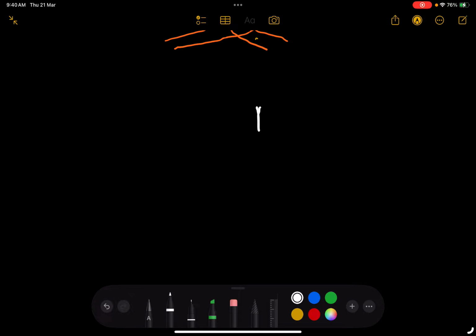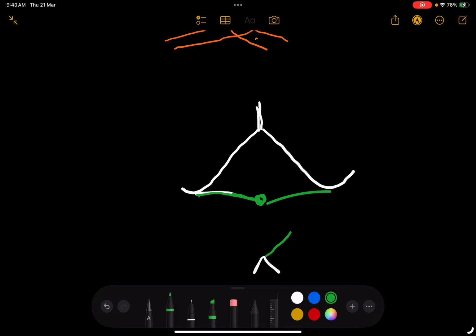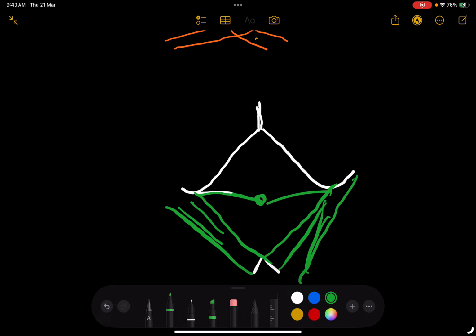If this is the pubic symphysis, this is the ischiopubic ramus, this is the perineal membrane, the perineal body, behind is the coccyx, the sacrotuberous ligaments, the anal canal, and the ischiorectal fossa of both sides.